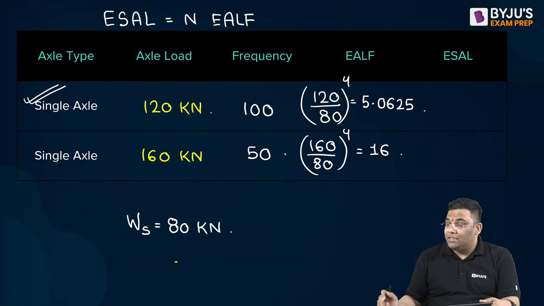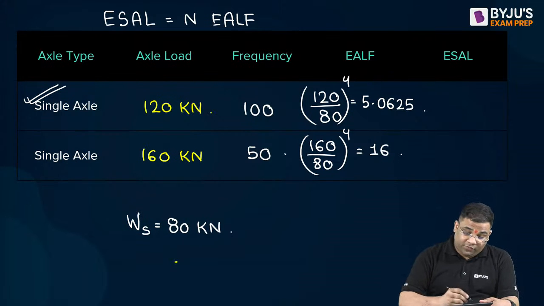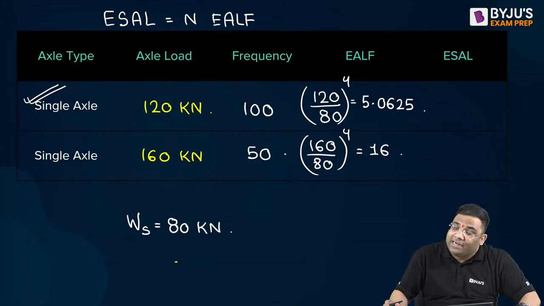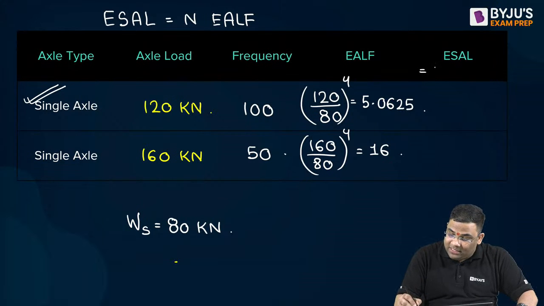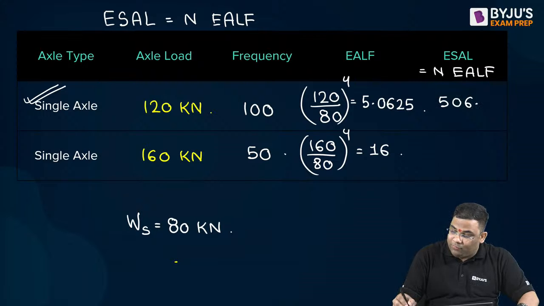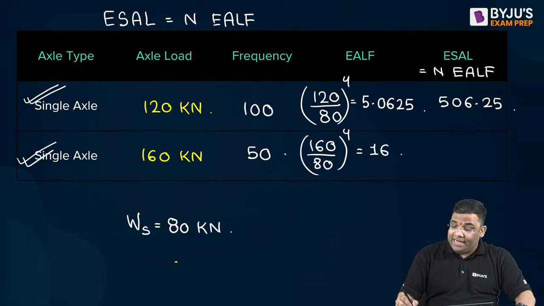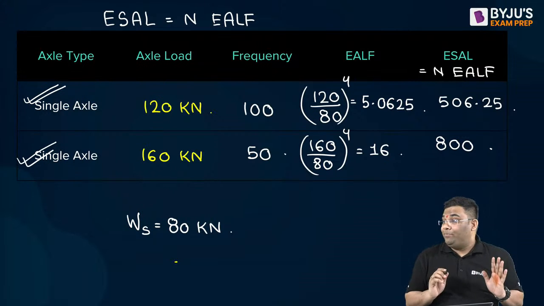For the first type of axle, 120 kilonewton, how many equivalent axles are there? Just multiply the frequency. You're getting 506.25. For the second type, 800 are there, 16 into 50, 800.